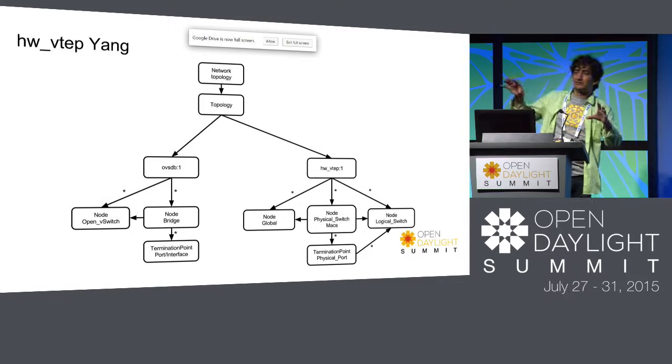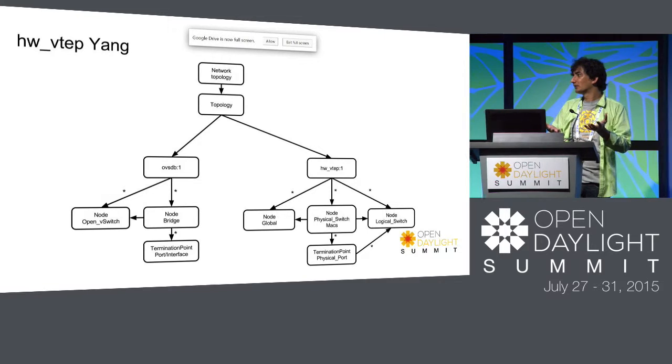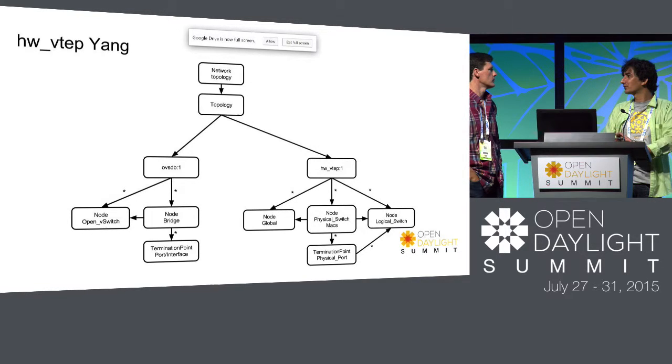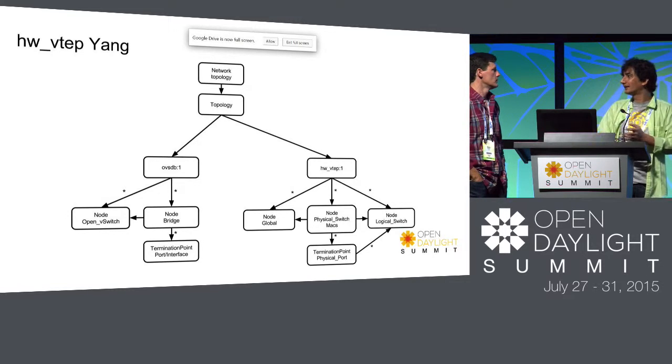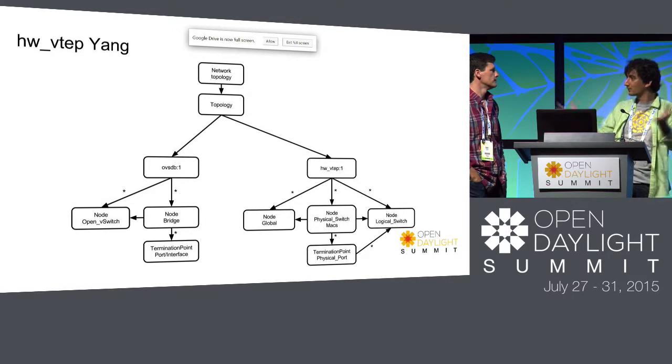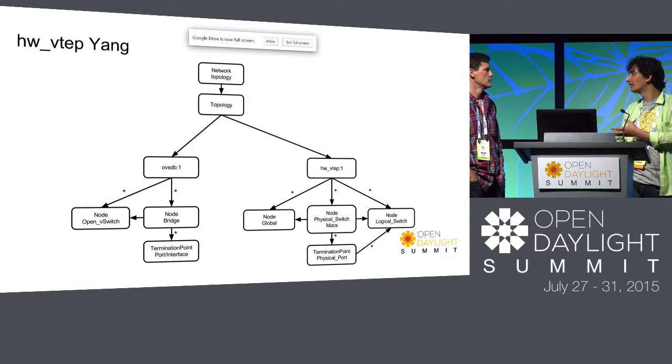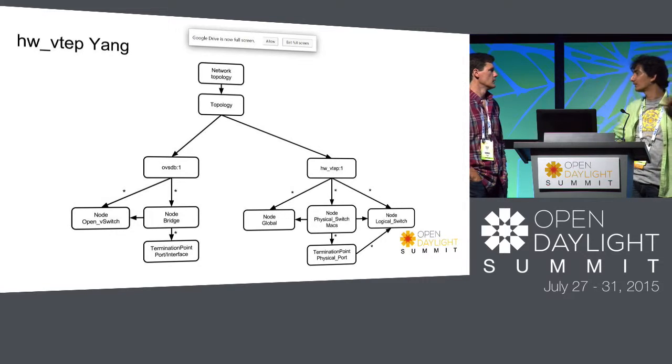Mac learning happens within an L2 domain, right? So I would think of it not as a physical switch, probably more as a logical switch. The logical switch is our L2 domain. The Macs you learn are relevant within an L2 domain. Outside you have to go through routing tables and all that, which we are not doing.